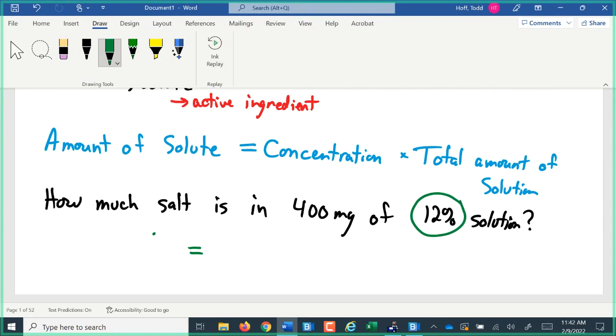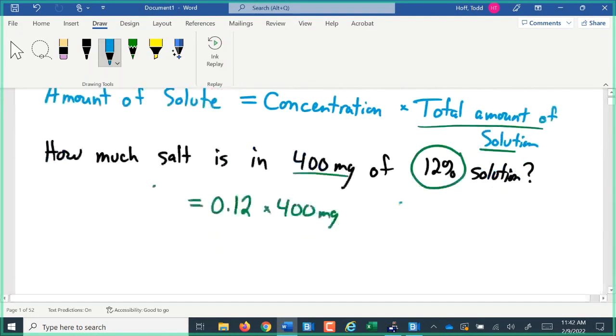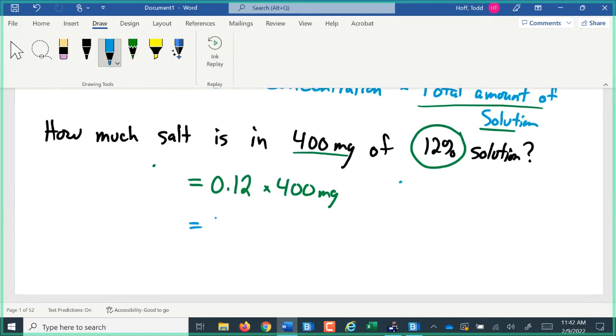Well, that is our percent written as a rate or as a decimal. So 12% is 0.12 times the total amount of solution. Well, we have 400 milligrams. And of course, if we do that multiplication, 0.12 times 400 is going to give us 48 milligrams of salt. So pretty simple calculation.